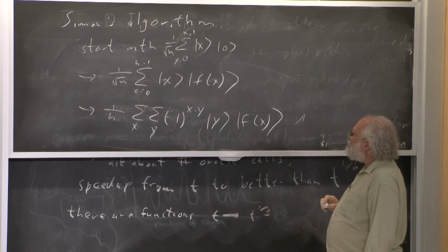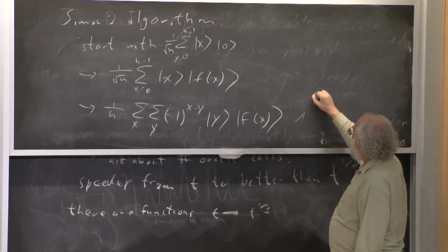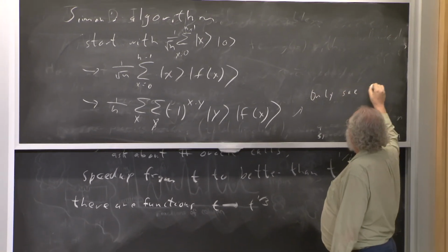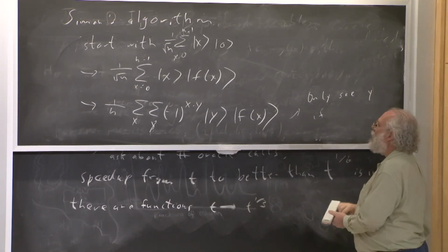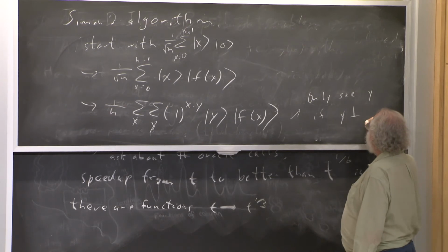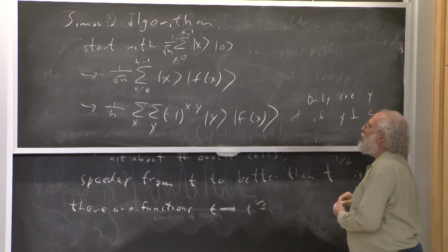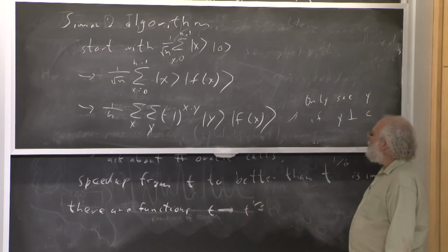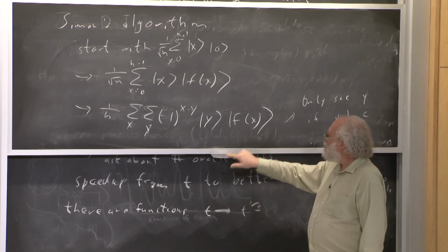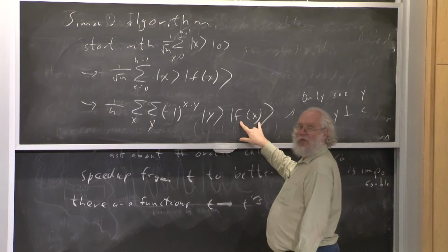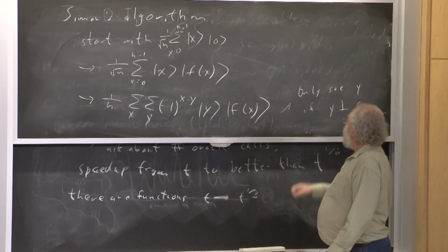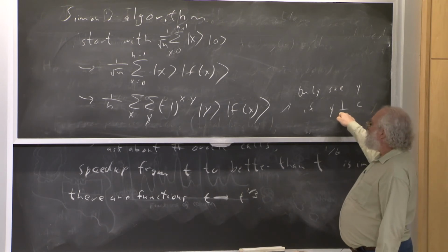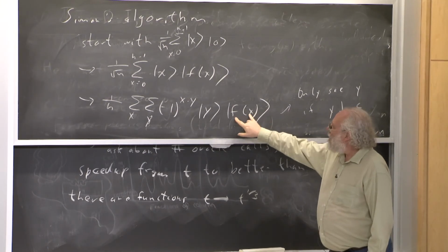And we only see y if y is perpendicular to c. And the reason for that is, well, there's exactly two x's with the same f of x.